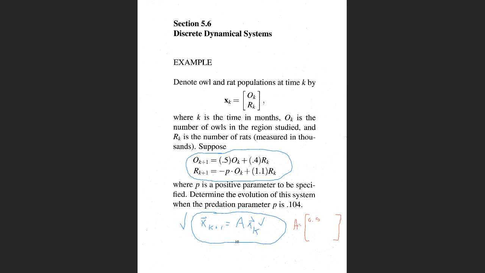Next number over here, 0.4, good. And then p is negative 0.104. And then finally, the last one is 1.1. So are there any questions on how we get the matrix A?